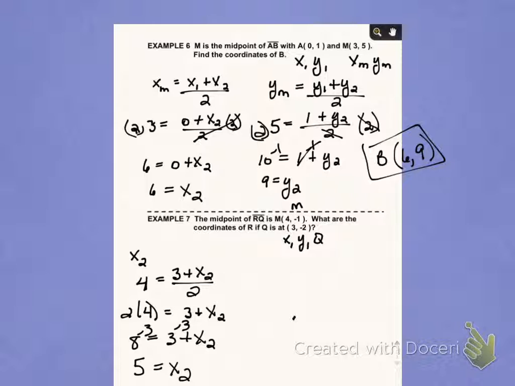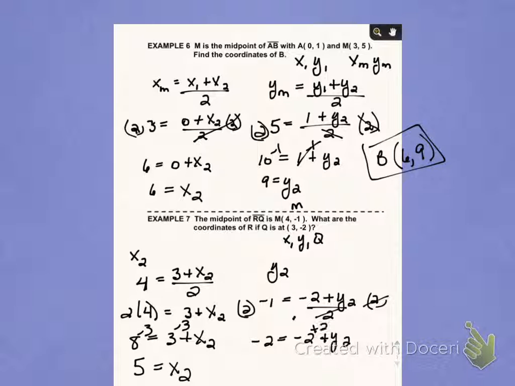Same thing for y. Okay, so the midpoint is negative 1 equals negative 2 plus y2 over 2. I'll show it this time. Multiply by 2 on both sides. This cancels to be 1. So you have negative 2 is equal to negative 2 plus y2.